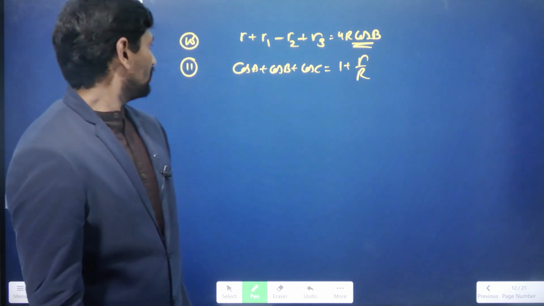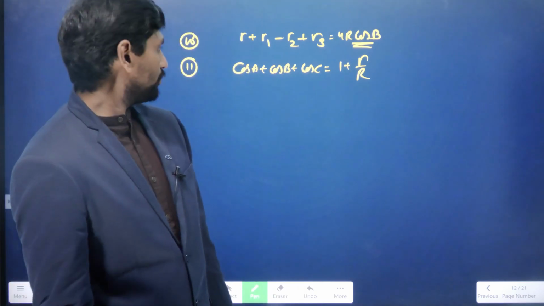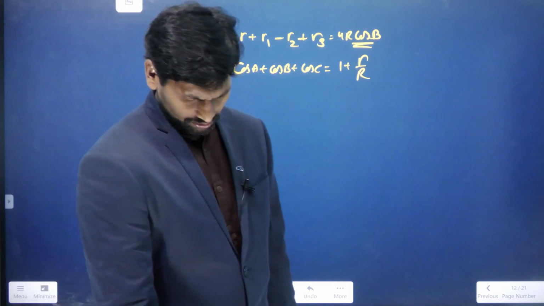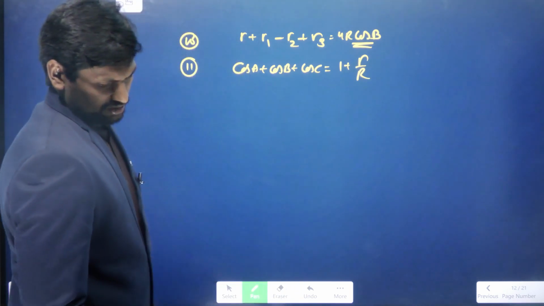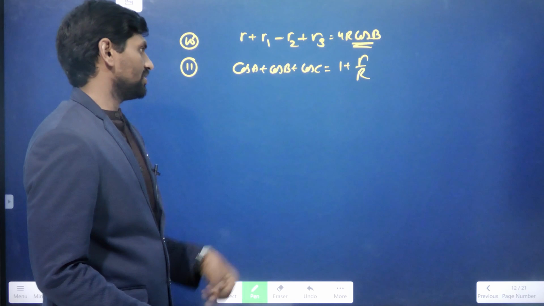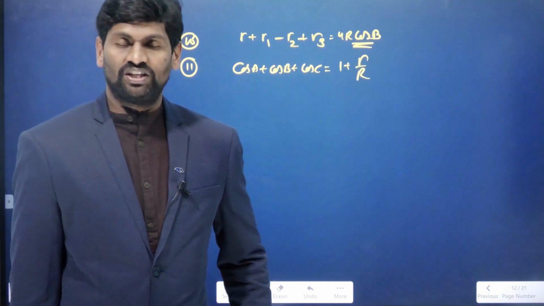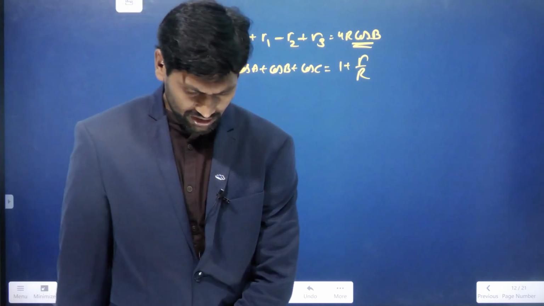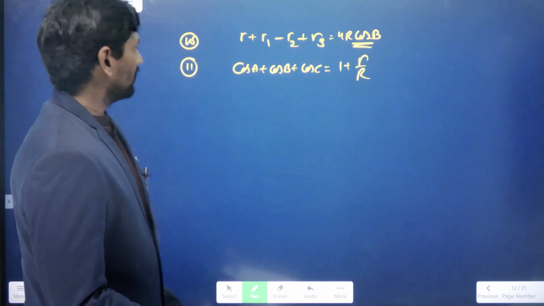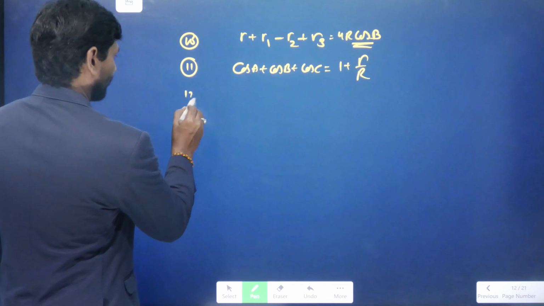So, direct formula only. If you wanted to prove, we can prove it also, by taking the triangle formulas. That means cos plus cos, cos minus cos, transformation formulas will be there, no? That we can use and we can compute that.